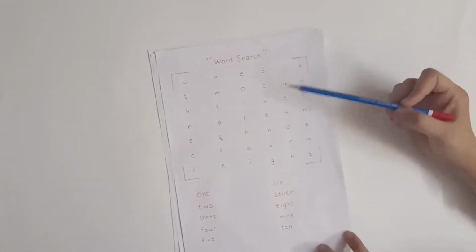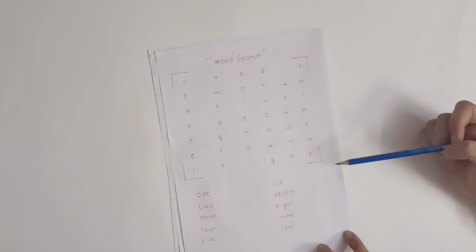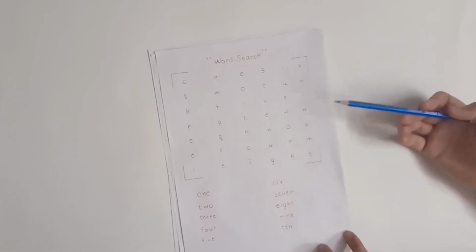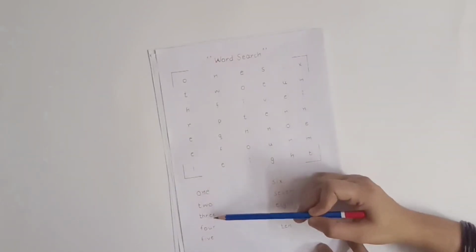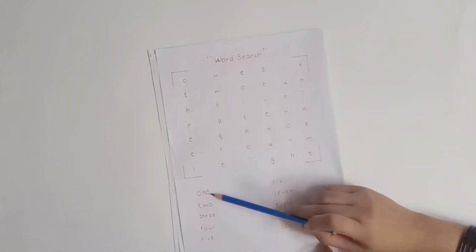After this, our next worksheet is about word search. So here I have written some words in random order as per the number name spellings, and here below I have written the number names. So Amish, what you have to do is first you have to find this O-N-E, 1.